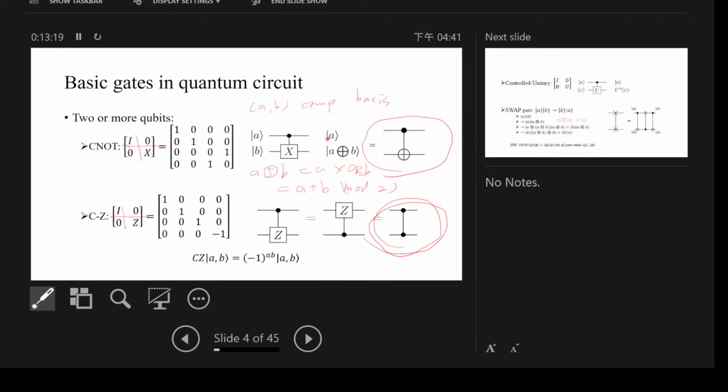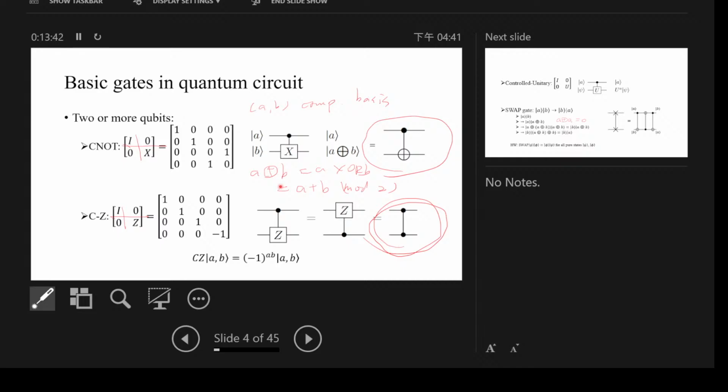It means that if A is 0, then B will stay the same. And if A is 1, then B will become B plus 1, which is the negation of B, because everything is mod 2 here. So 0 plus 1 becomes 1, and 1 plus 1 becomes 0. Okay, because this XOR means mod 2.